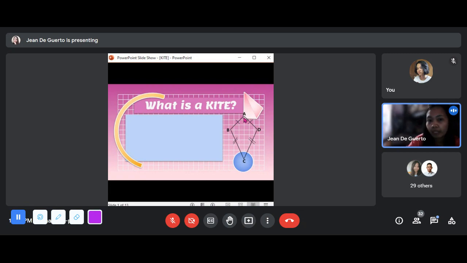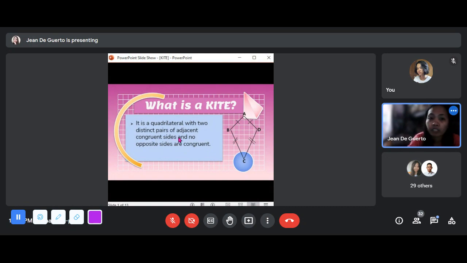So we have here kite ADCB. So again, similar markings means they are congruent. They have the same measurement. So as defined, nung dinefine natin yung kite last time, it is said to be a quadrilateral or a trapezium with 2 distinct pairs of adjacent congruent sides.